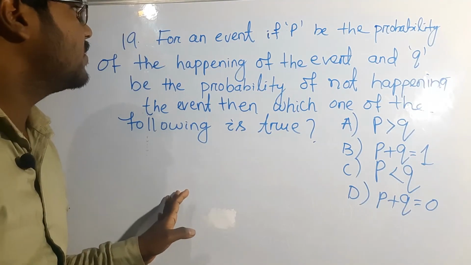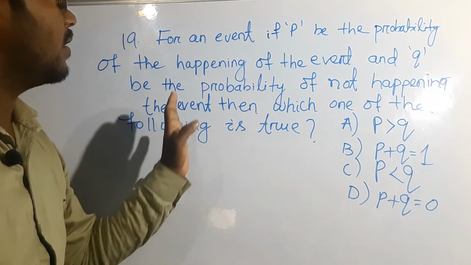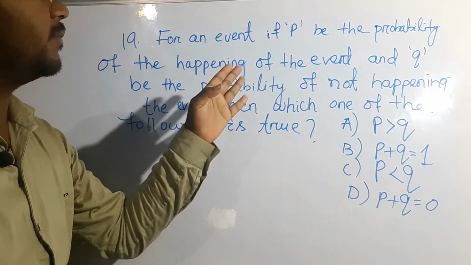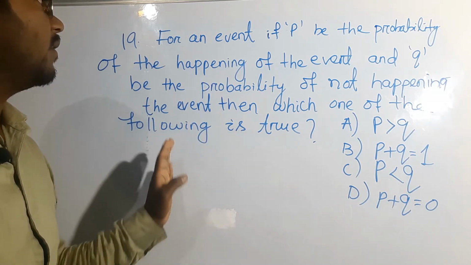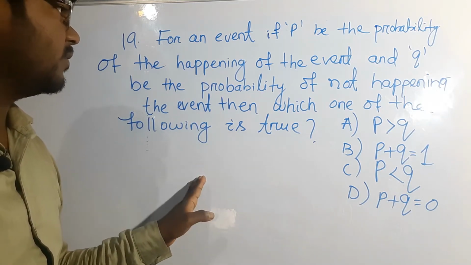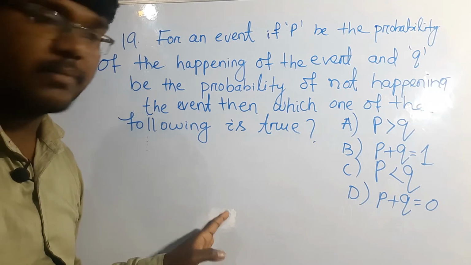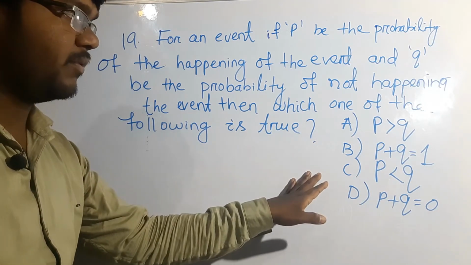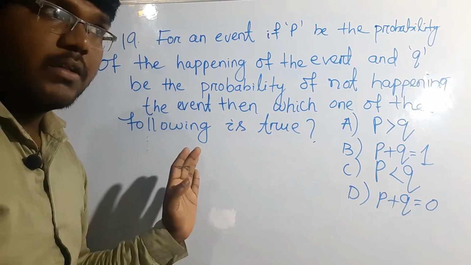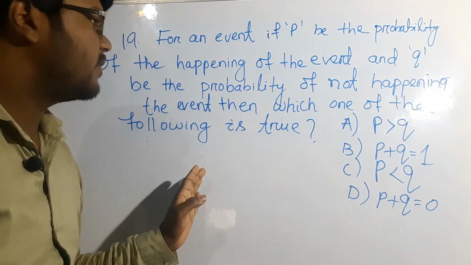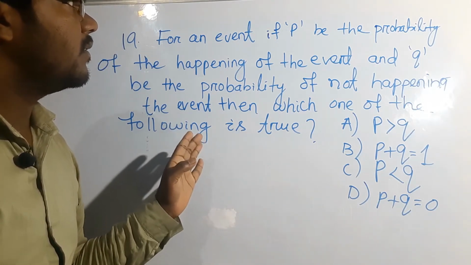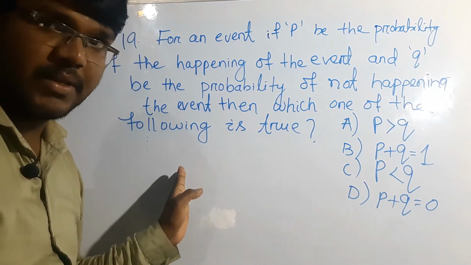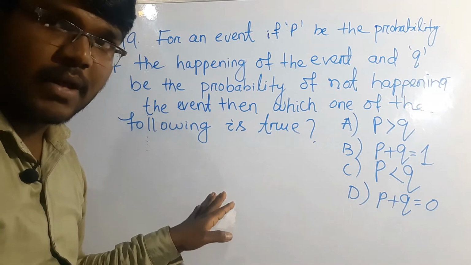Our next question is based on event probability. For an event, if P is the probability of the happening of the event and Q is the probability of not happening of the event, then which of the following is true? So this is the basic of probability, that when an event occurs, its happening and not happening, its sum will be 1.